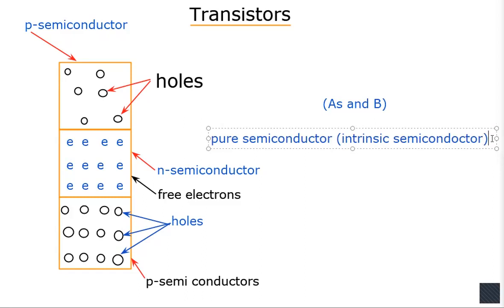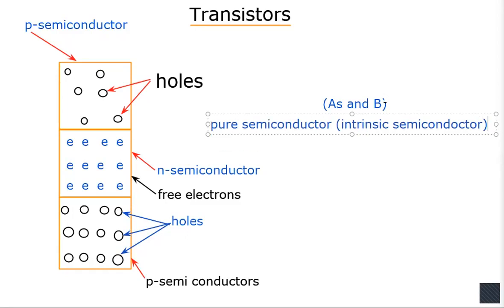The number of holes and the number of free electrons in a unit volume can be changed.